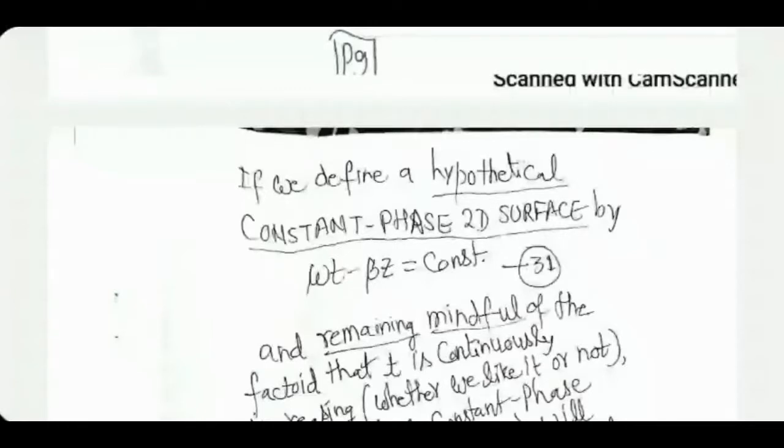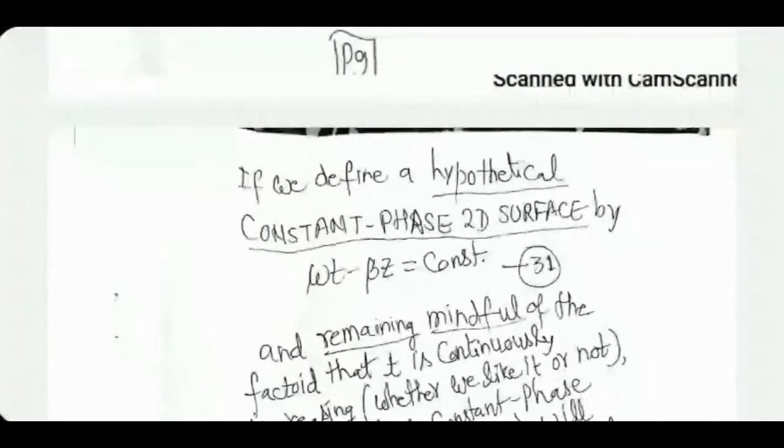Omega t minus beta z equal to constant actually is representing a 2D plane in the zt domain. Anyway, leaving that aside, the point is that if you want to maintain a constant phase shift in equation 31, that means on the right hand side you want to maintain a constant, and time is continuously increasing, z has no choice but to increase if you want to continue looking at this same surface.